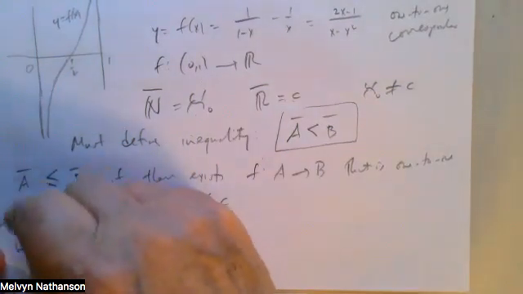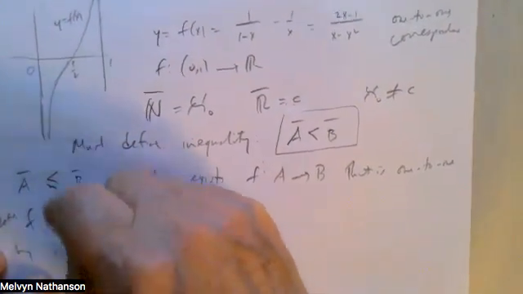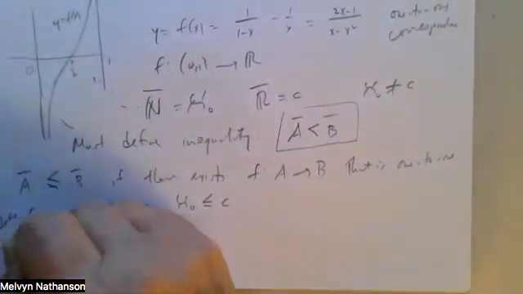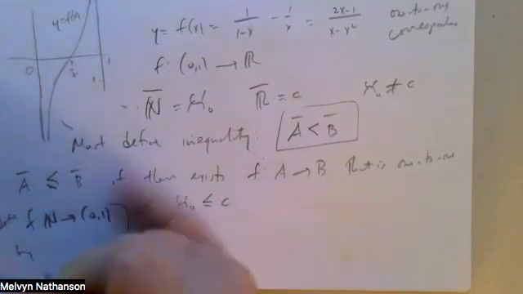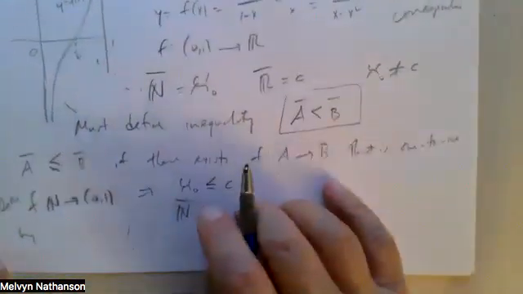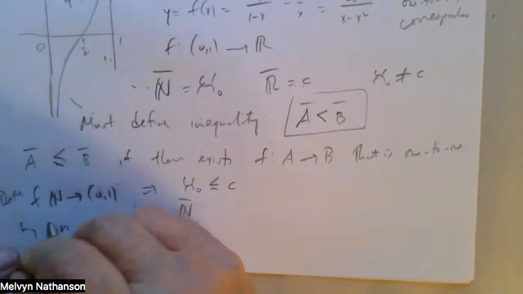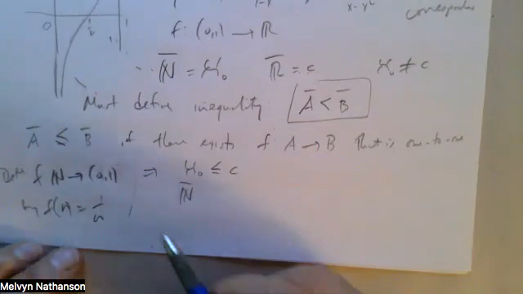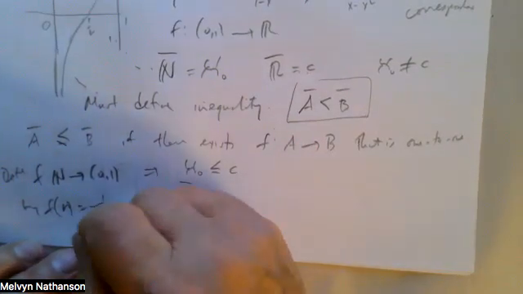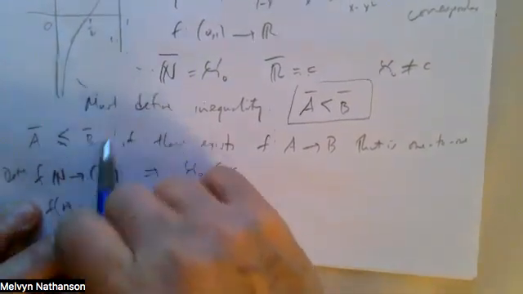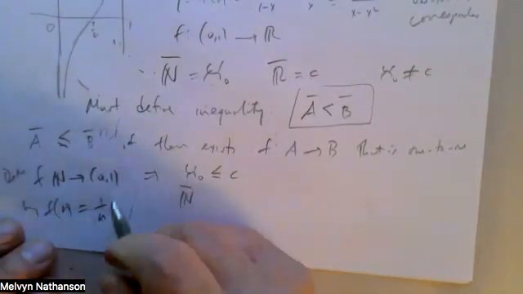I want to define a function from the positive integers into the interval from 0 to 1. And I'm going to define that by, if I take any positive integer n, then f of n is 1 over n. So if n is a positive integer, 1 over n is a number between 0 and 1.